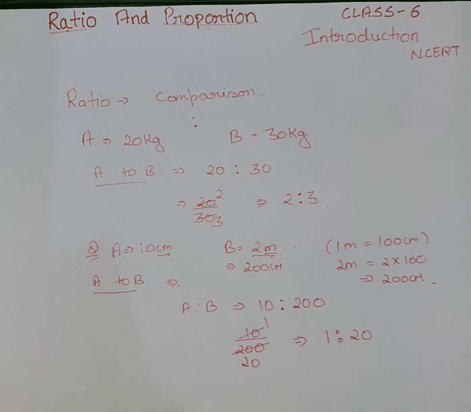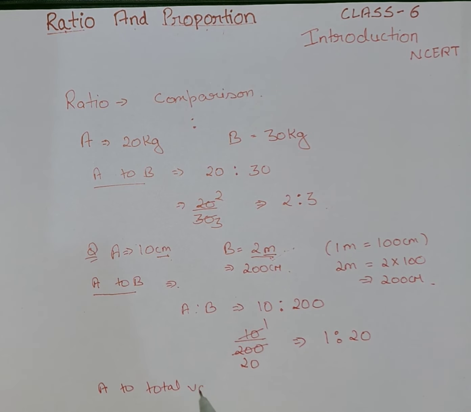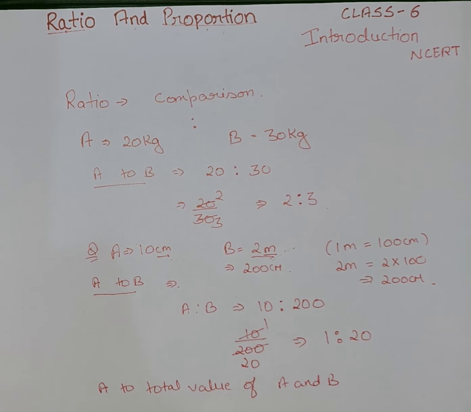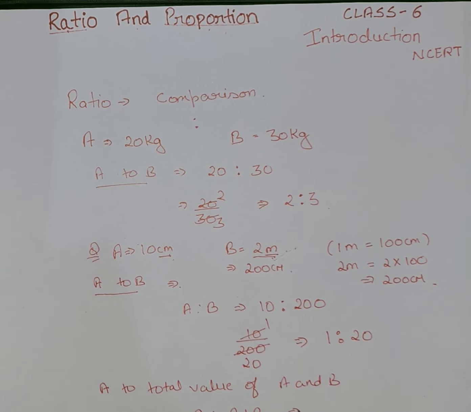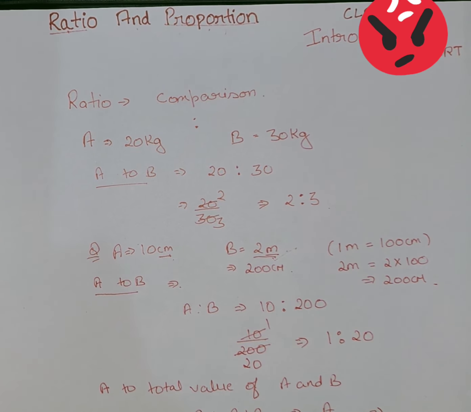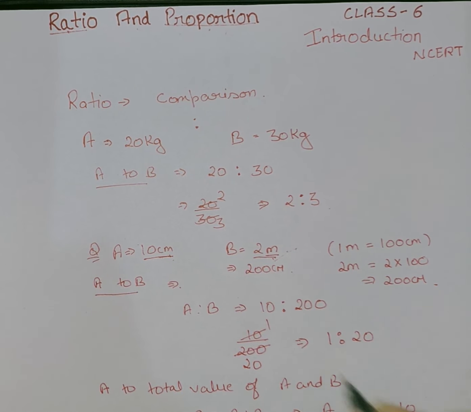Now if your question is like this, the ratio of A to the total value of A and B. So you have to find out the ratio of A to A plus B, that is A upon A plus B. So the value of A here is 10 centimeter. 10 upon, the value of A is 10 plus the value of B is 200.